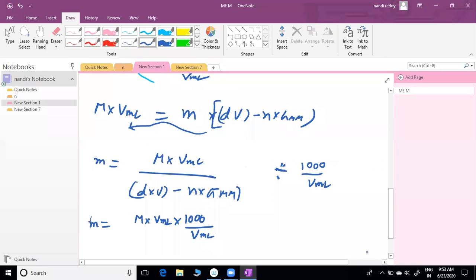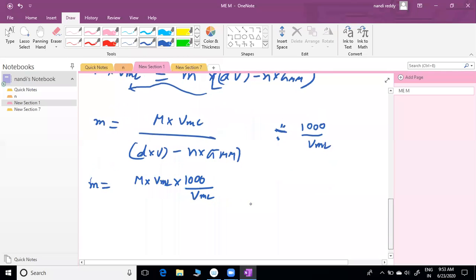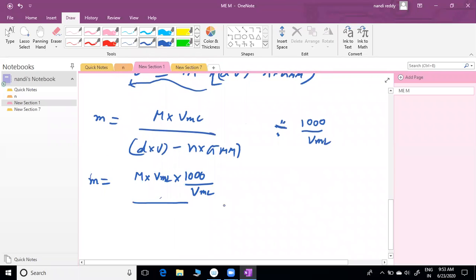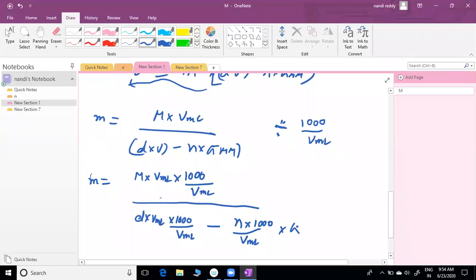Anything wrong, sir? Divided by D into V mL into 1000 by V mL, minus N into 1000 by V mL into gram molecular mass.